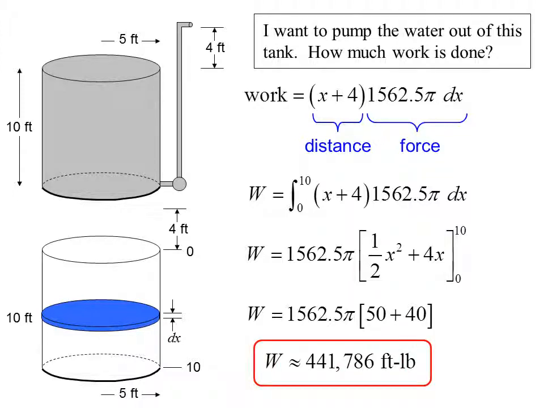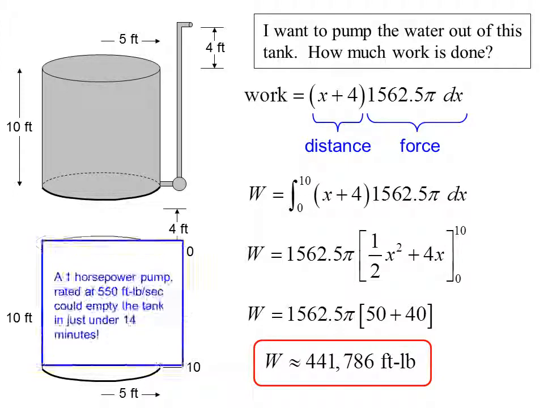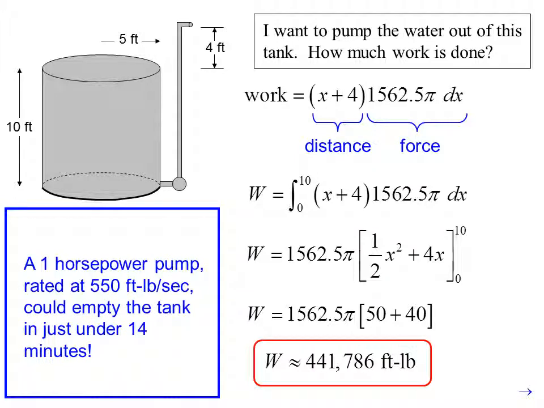And we get the work is approximately 441,786 foot-pounds, which is, of course, too many significant digits. A 1 horsepower pump rated at 550 foot-pounds per second could empty the tank in just under 14 minutes.